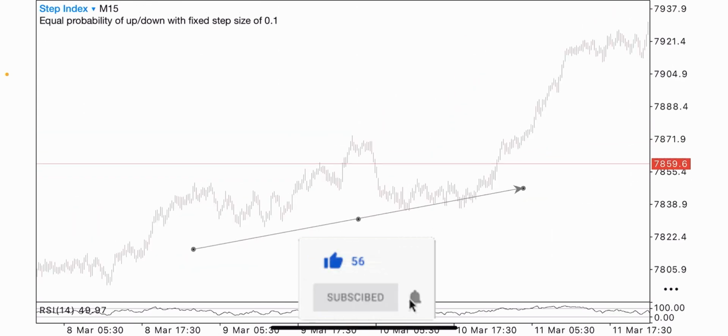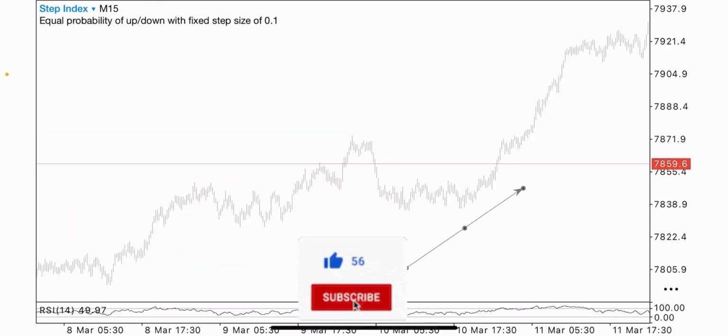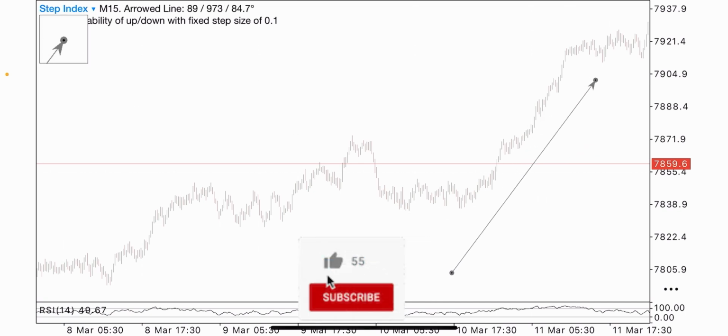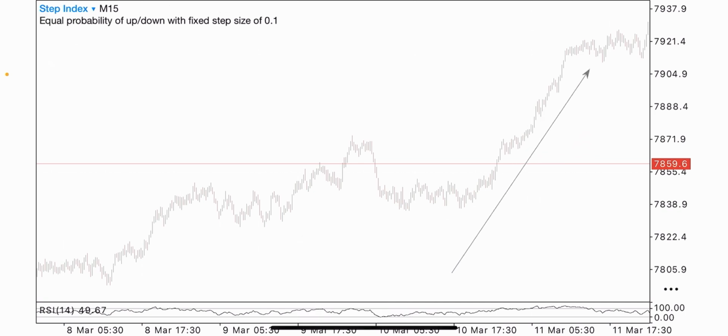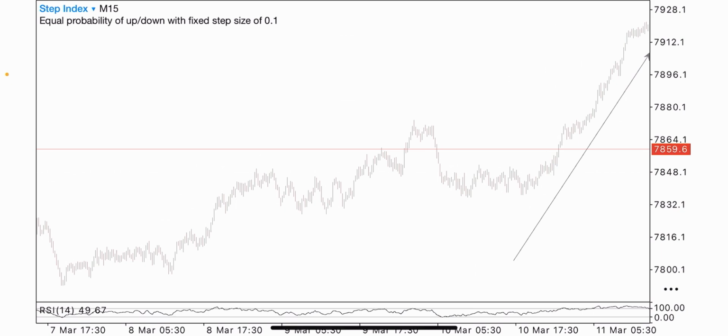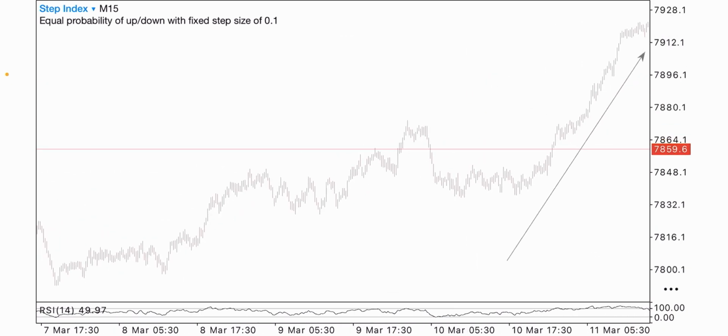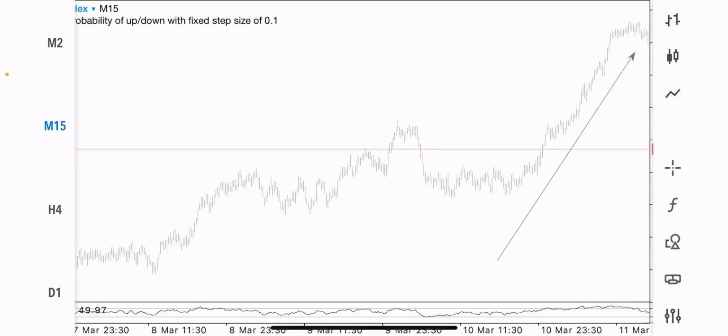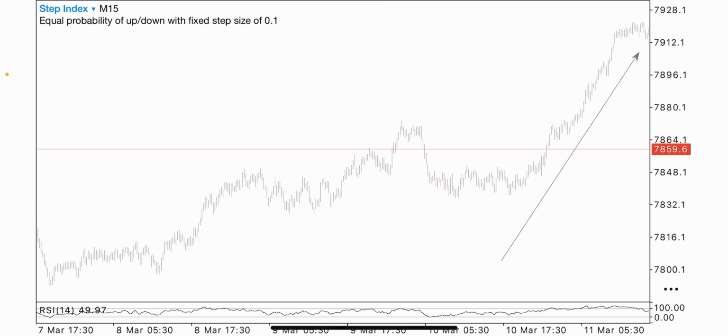If you don't know, I am an SMC trader. Yes, market direction is an uptrend, and I'm actually looking for an entry in this uptrend.